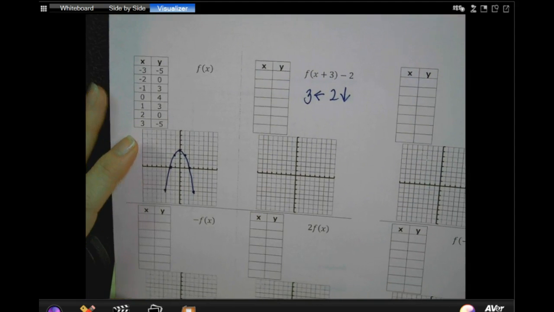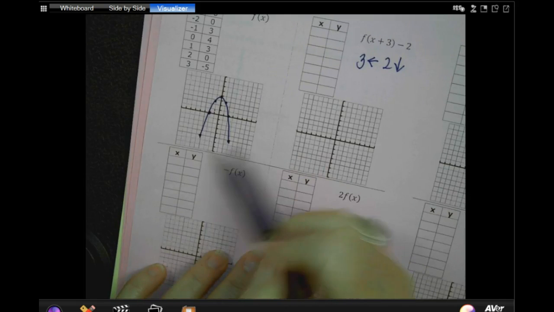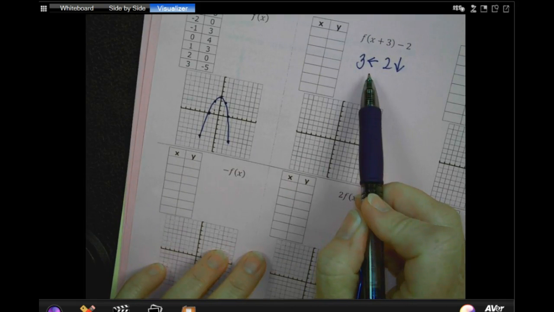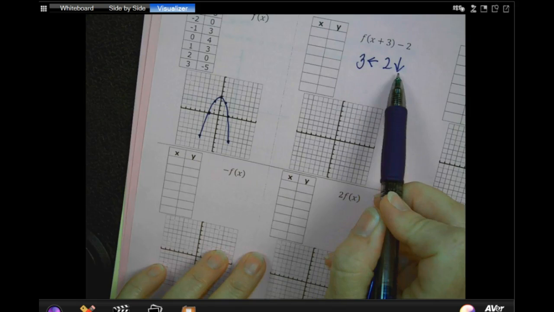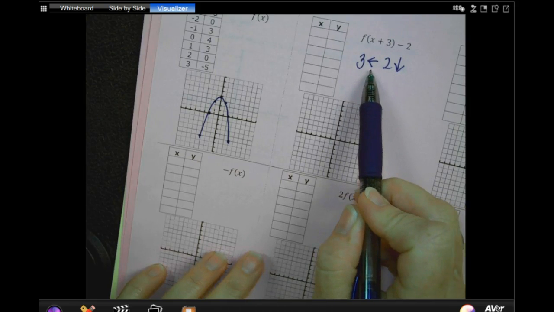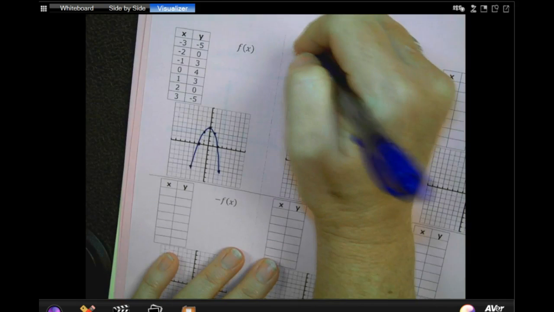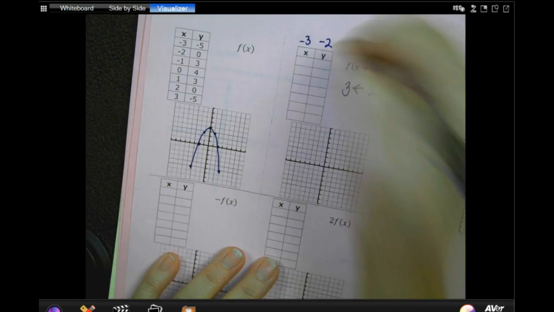Okay. So I'm going to take the quadratic and I'm moving it 3 to the left and 2 down, which means I'm going to subtract 3 from the x's and subtract 2 from the y's.